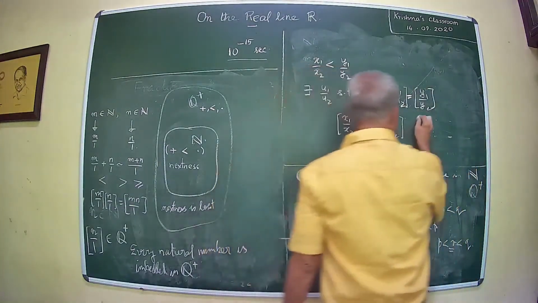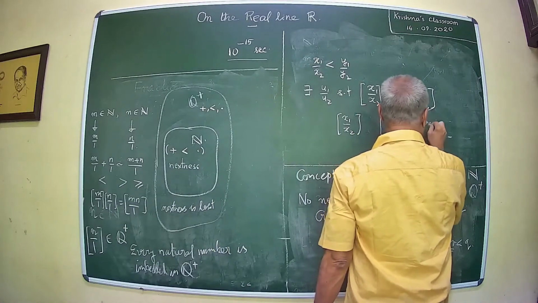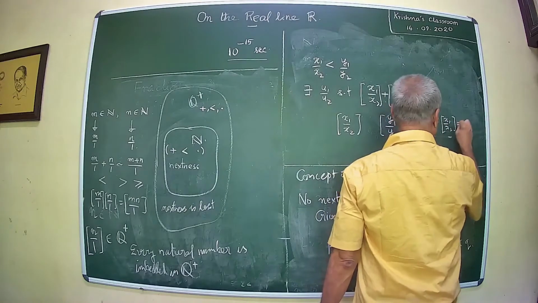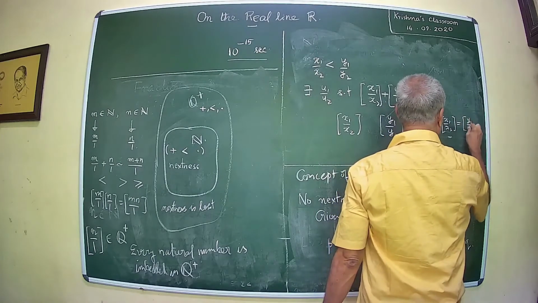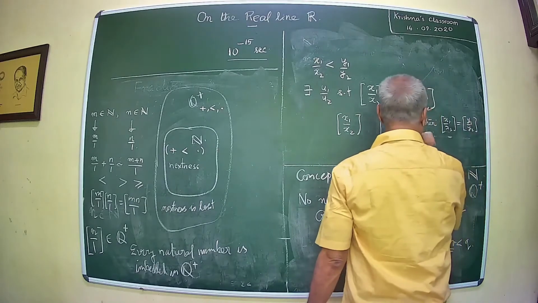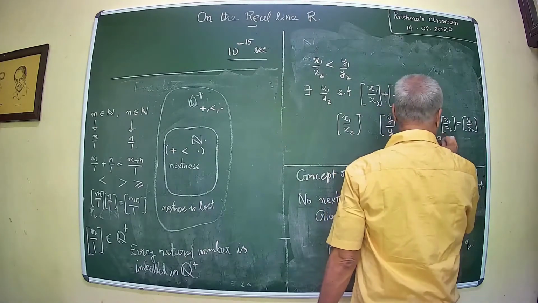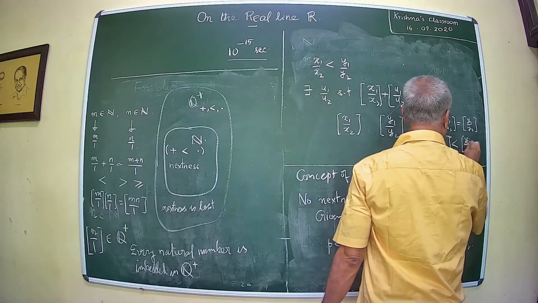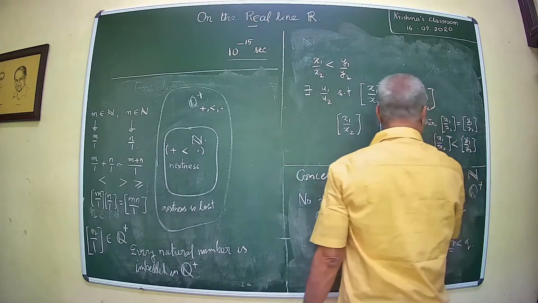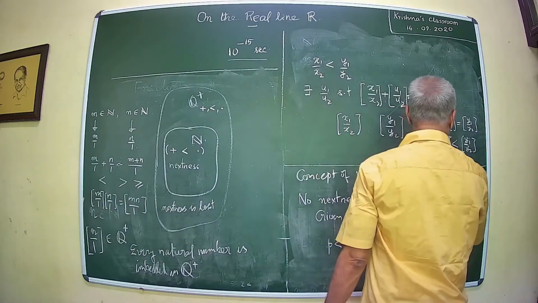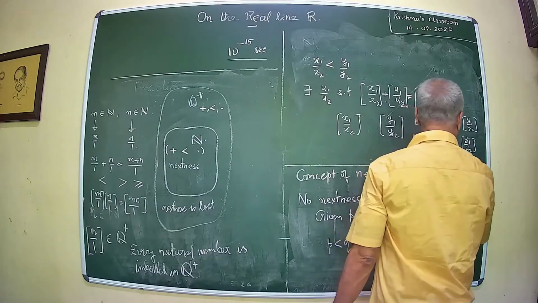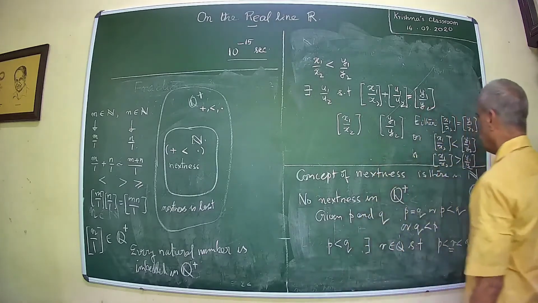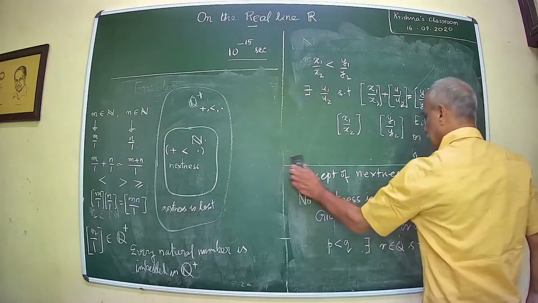Either this block is equal to, or less than, or greater than, one of the three things can happen.